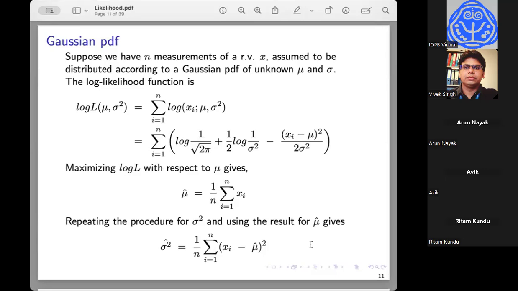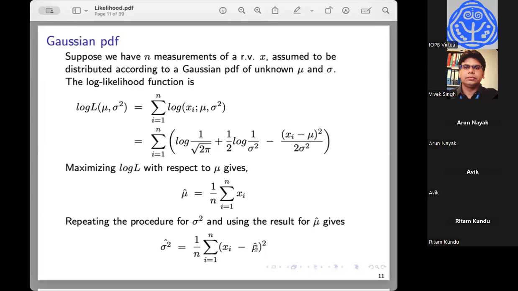Here, sigma square hat is not the sample variance. If you remember, I said that if you know the mean, then the sample variance capital S square was defined as 1/n times the sum over xi minus mu squared, right? Yes.